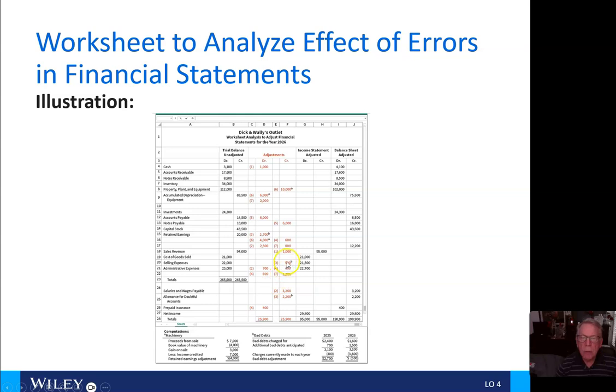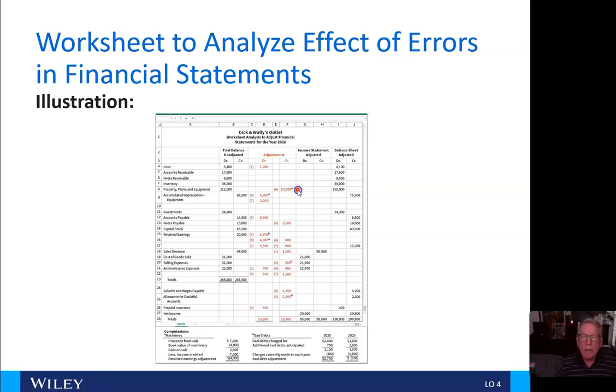Then for number 4, we have a $600 credit here and a $600 debit here under administrative expenses. For 5, we have the $6,000 debit to accounts payable and a credit to notes payable. Pretty easy one there. And then number 6, we had a $6,000 debit to accumulated depreciation equipment.